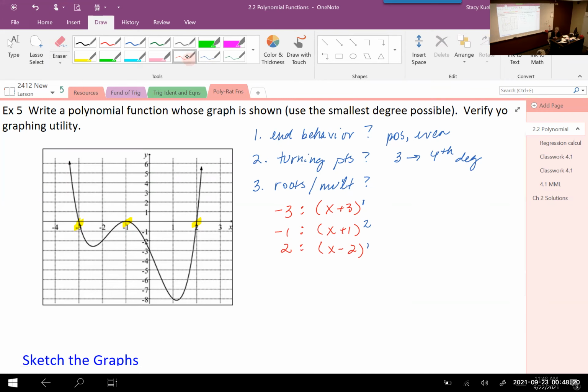I have a general equation that might look something like x plus 3, x plus 1, x minus 2, correct?